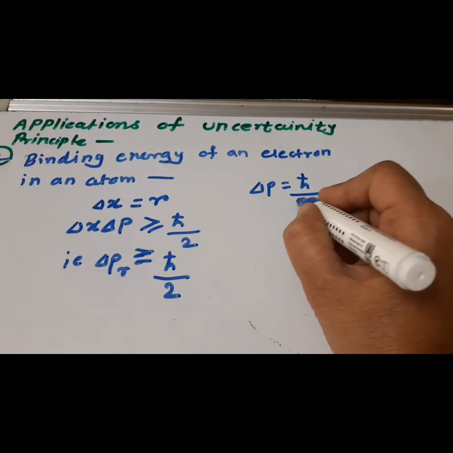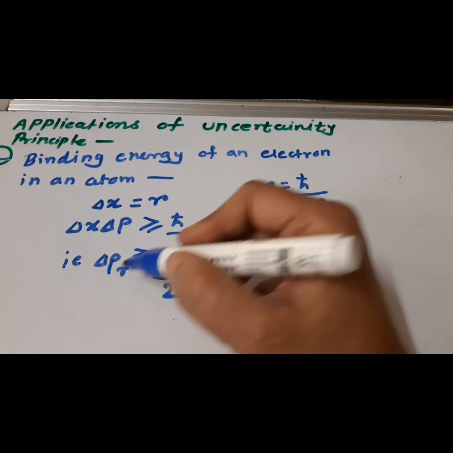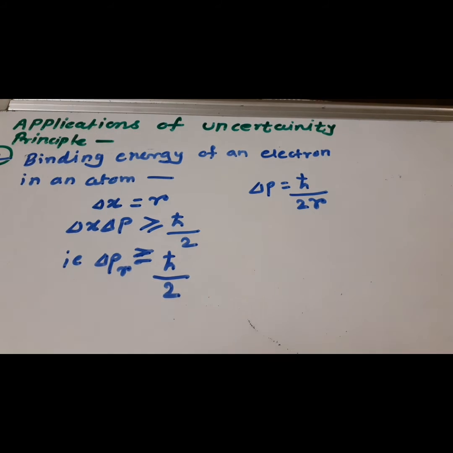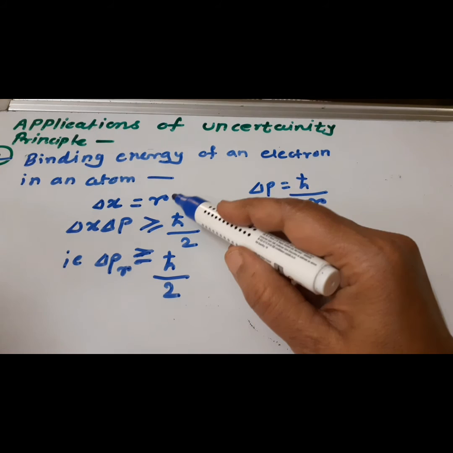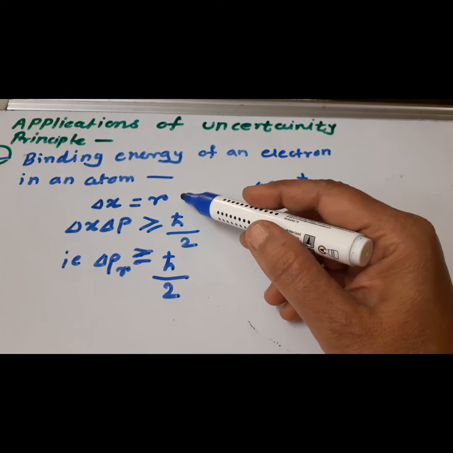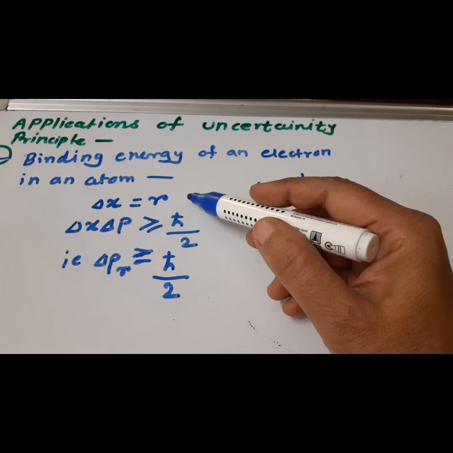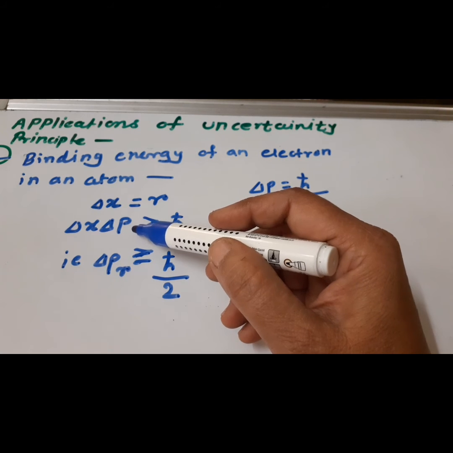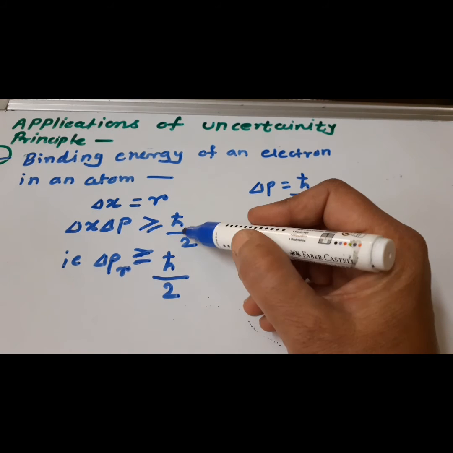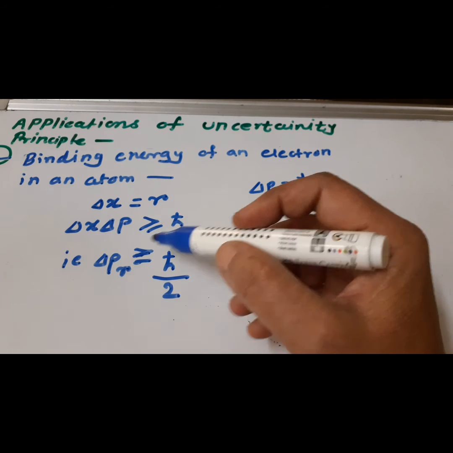Again I will revise, all of you check. Consider the electron revolving around the nucleus in an orbit of radius r. Therefore, uncertainty in its position, that is delta x, is equal to r. According to the uncertainty principle, delta x delta p is greater than or equal to h cross by 2. That is delta p r. Why delta p r?